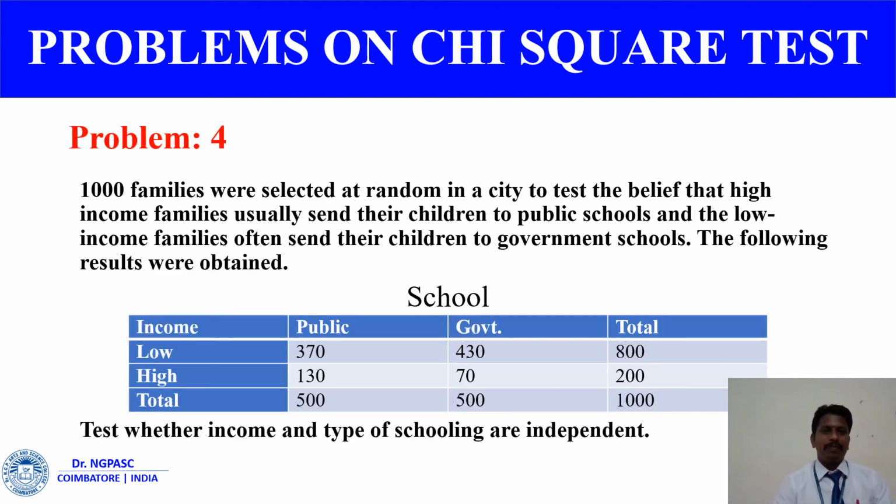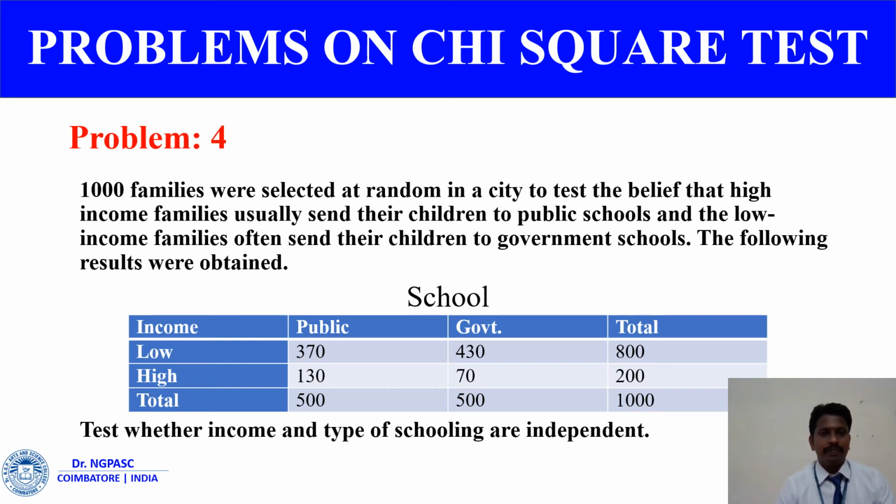Next, we are going to problem number 4. 1000 families were selected at random in a city to test the belief that high income families usually send their children to public schools and the low income families often send their children to government schools. The following results were obtained.